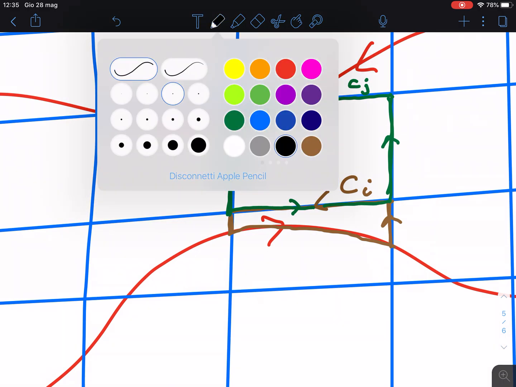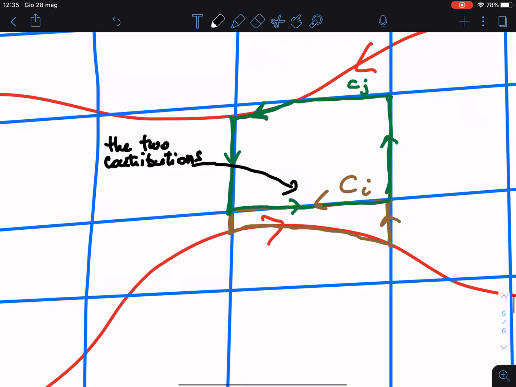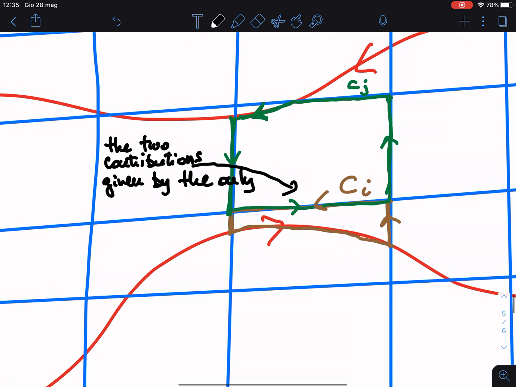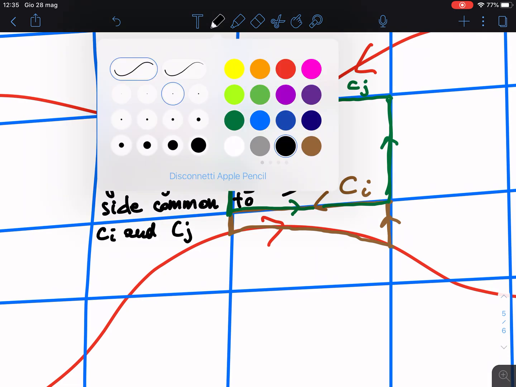So the key reasoning here is that the two contributions given by the only side which is in common to the two circuits Ci and Cj cancel each other.